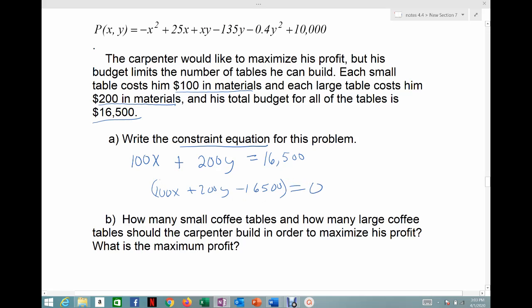All right, so my Lagrange function that I'll use, which I'm leaving my profit up there so I can see it. The first thing I write down is my profit equation. Kind of squeeze it in here.